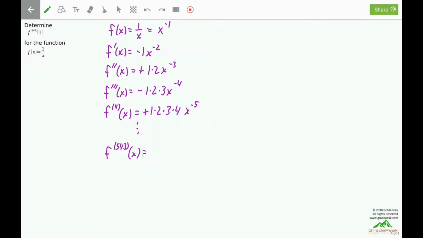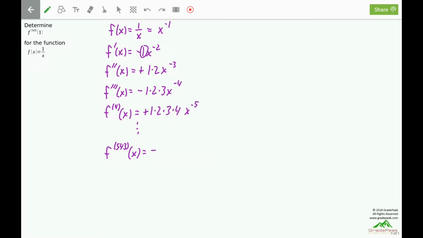It's a negative for each of the odd derivatives, and it's a positive for each of the even derivatives. Well, the derivative we're finding, the 543rd derivative, is an odd number, so we want a negative right here. Also notice the number coefficient.